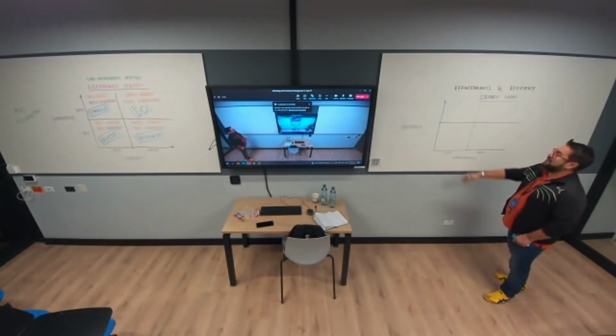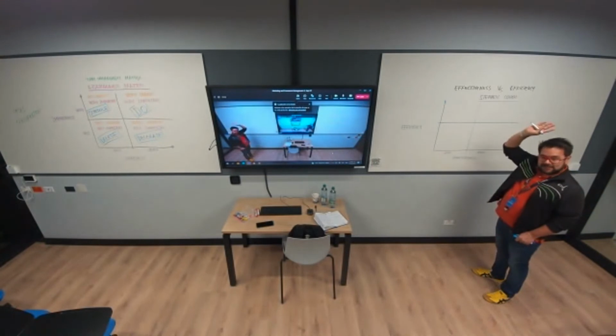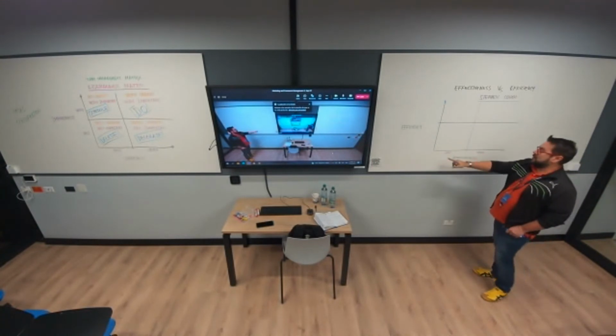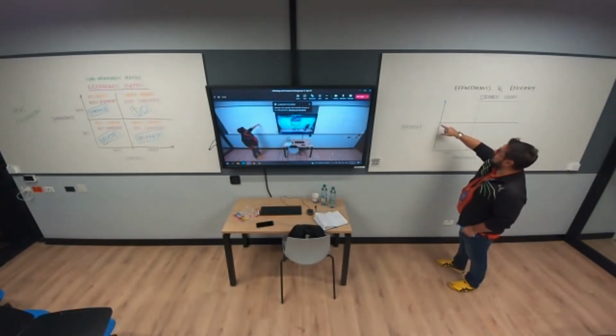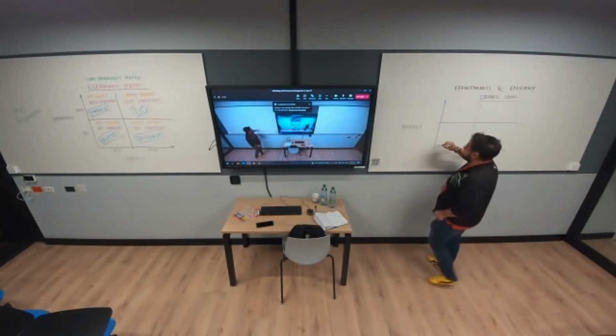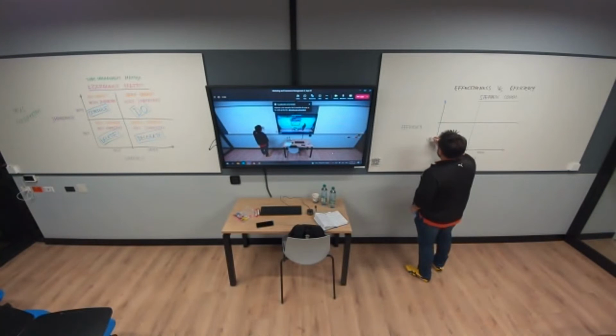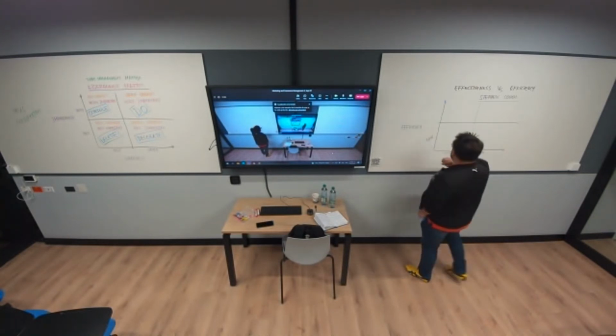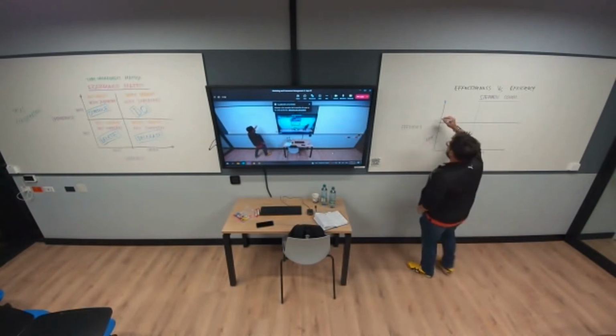Okay. And for the vertical axis, from the beginning until the middle part, we measure low efficiency. And from the middle part until the end is going to be high efficiency.